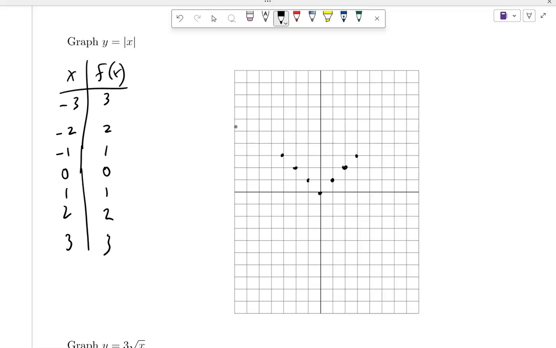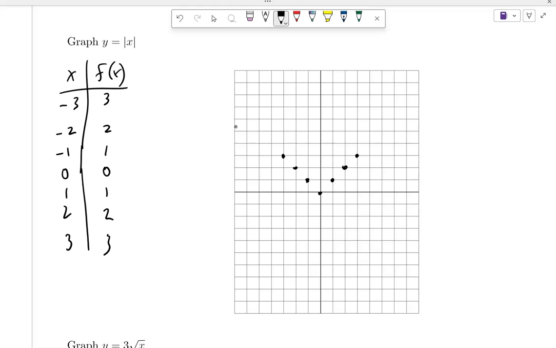Now, on the other ones, I said that when we draw these things, we want to draw them smoothly. But something special happens for absolute value when we draw it. Notice that if I put in positive numbers, it goes right one, up one each time, right?